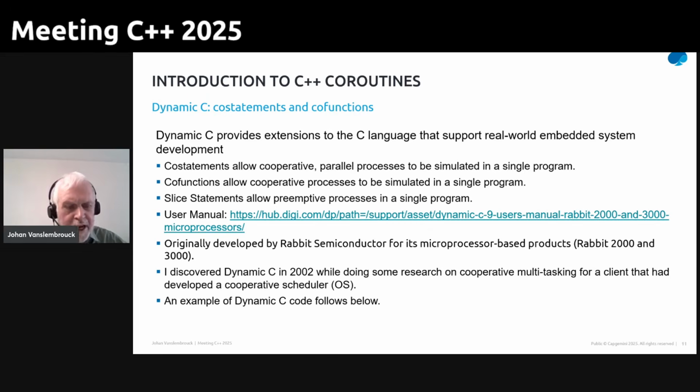Then I found something on the web, and there's a link to the manual called Dynamic C. Dynamic C has co-statements and co-functions. So that would be a natural complement for functions, and also slice statements. If you look at what they have, slice statements correspond more or less to threads. Co-functions correspond to the coroutines that we have in C++ now. And co-statements are something more parallel.